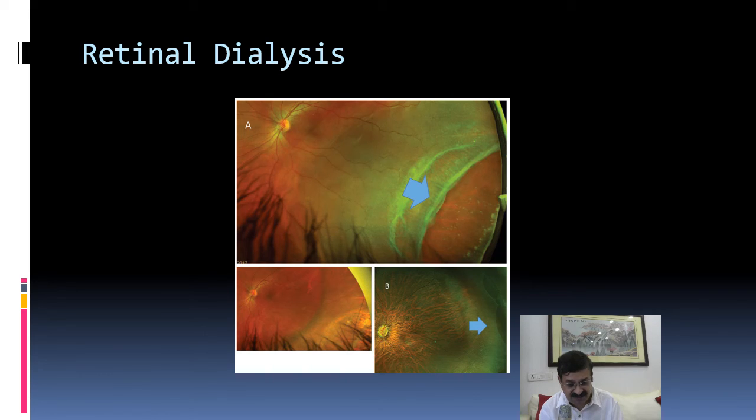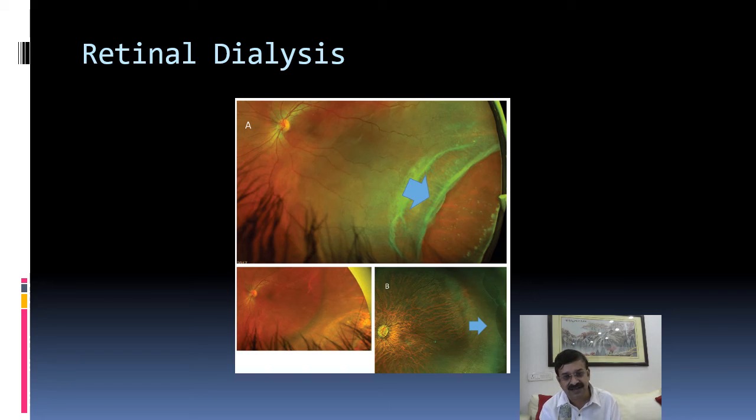Now this is a retinal dialysis. As you can see, it's a large tear in the periphery of the retina, more than, say, 2 or 3 clock hours. This usually happens near the base of the retina, where the retina is very firmly attached near the ora serrata, and this is a relatively inflexible part of the retina.